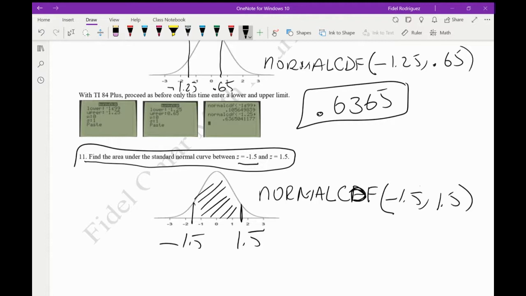So I'm going to do the same thing on my calculator. I have it both on my phone and on my iPad, so I'll do it here on my phone. Second, DISTR, normal CDF, negative 1.5, comma, 1.5. I heard somebody put something in the chat. Let's check. There you go, 0.8663.